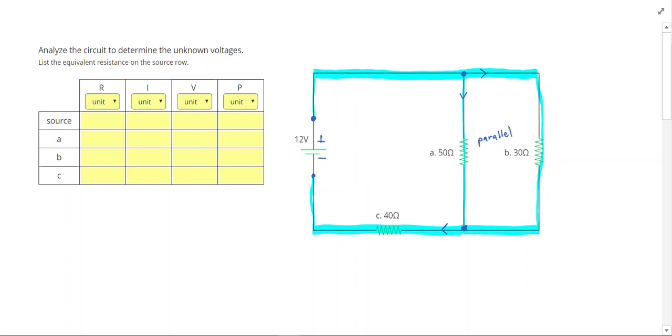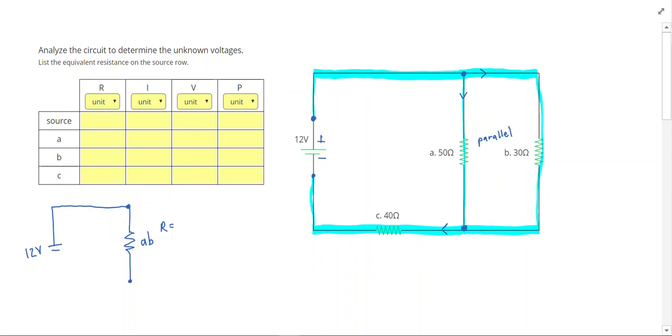Alright, so I'm going to redraw this circuit, so I still have my 12-volt battery. And I'm going to draw around. And then instead of drawing resistor A and B separately, I'm going to combine them together. I'm going to call that resistor AB. And resistor AB will have a resistance.